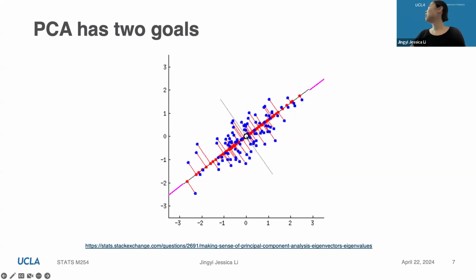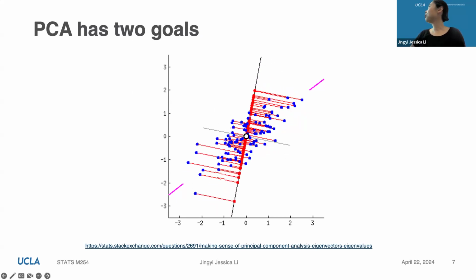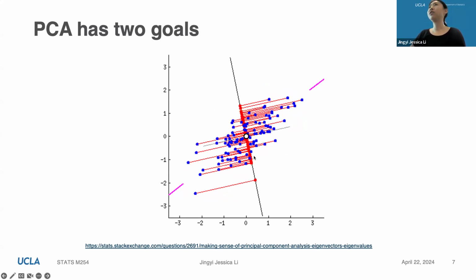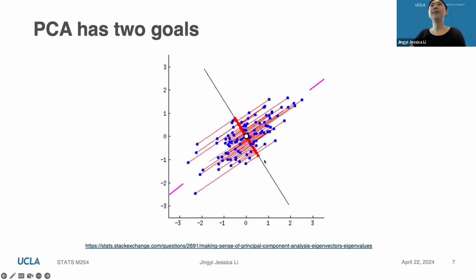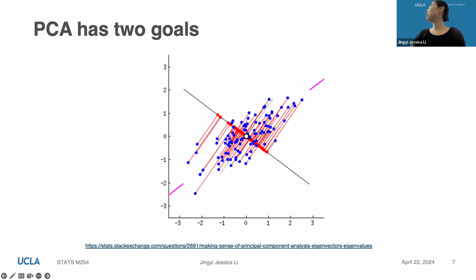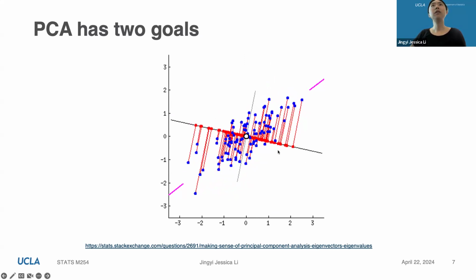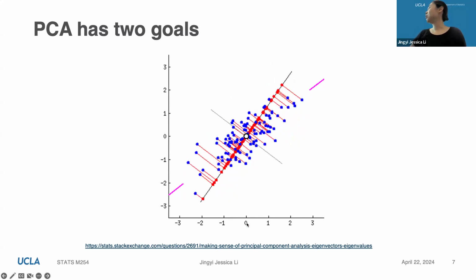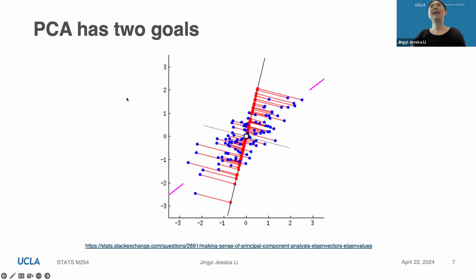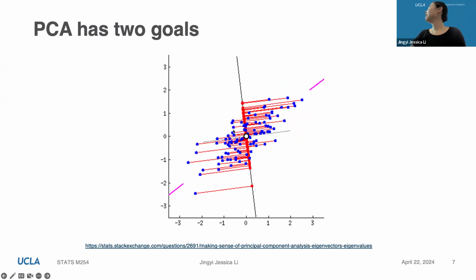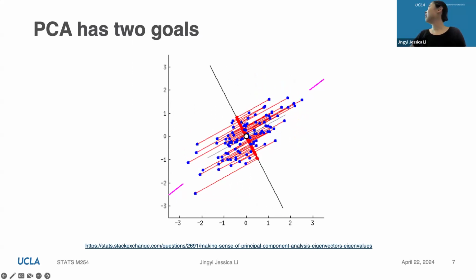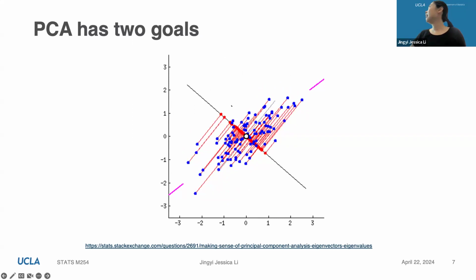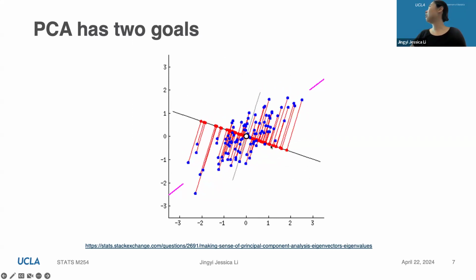And then for each line, I project original points to the line. So the red dots are the projections of my n data points to PC1. These are what I call PC scores. Every observation has a PC score. And PC1's weight for feature 1 and feature 2, that is my loading, right? So you can see that at different lines, the scores are different, and sometimes the red dots are more spread out.